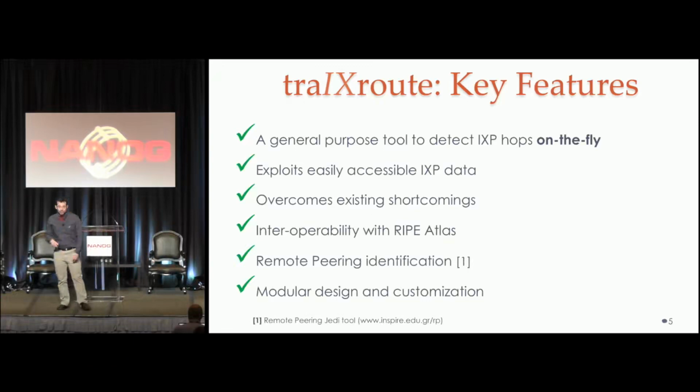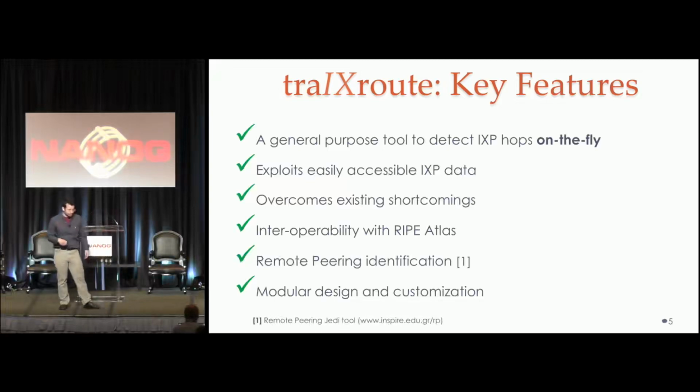Most importantly, in the last major revision of our tool, we also added a new functionality. traIXroute supports remote peering identification. This means that after we have detected an IXP crossing, we can also infer if the near-end IXP member is also a remote peer.